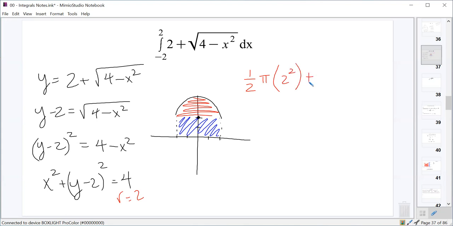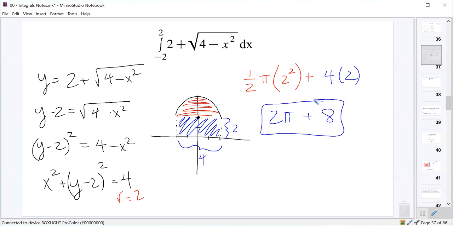And then we'll add to that the section in blue, which is a rectangle that has a width of 4 and a height of 2. So this area here is just, well, 2 squared is 4, divided by 2 is 2, 2 pi plus 8.